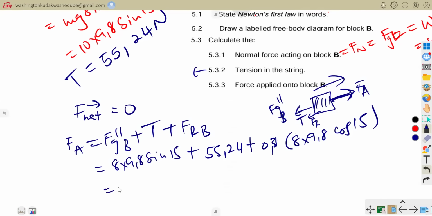If I add those, I'm going to find 91.43 newtons. So if I round off, the force applied on block B is equal to 91.43. That was the answer we were supposed to find there.